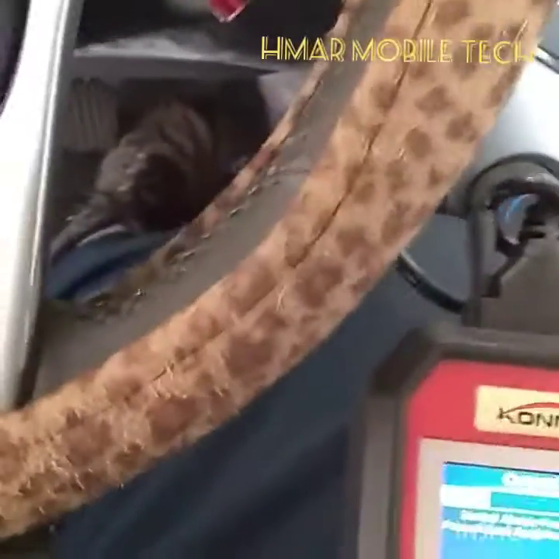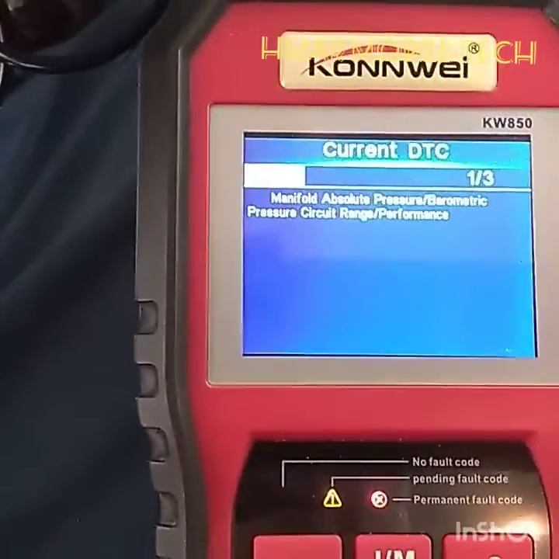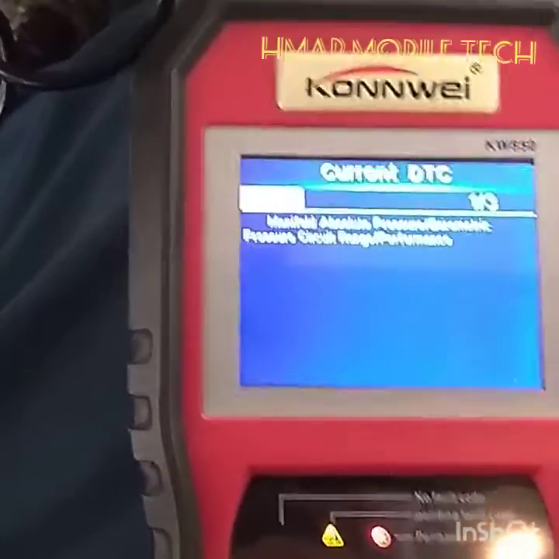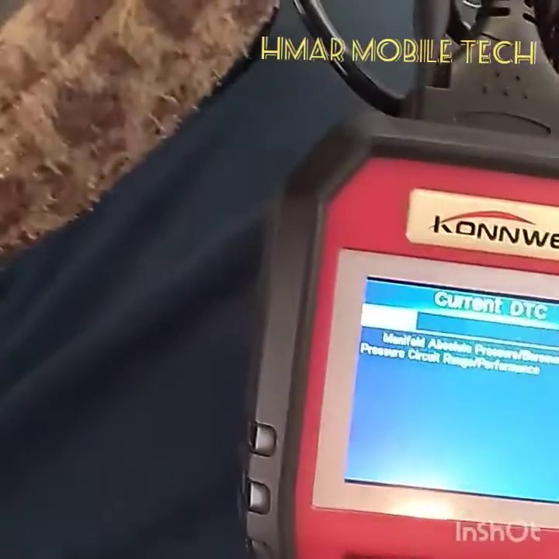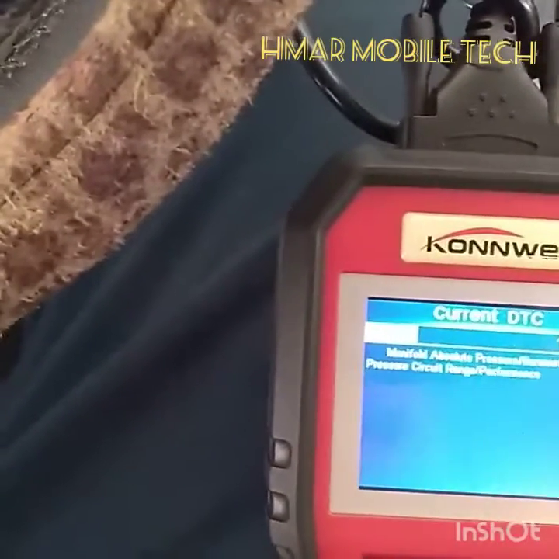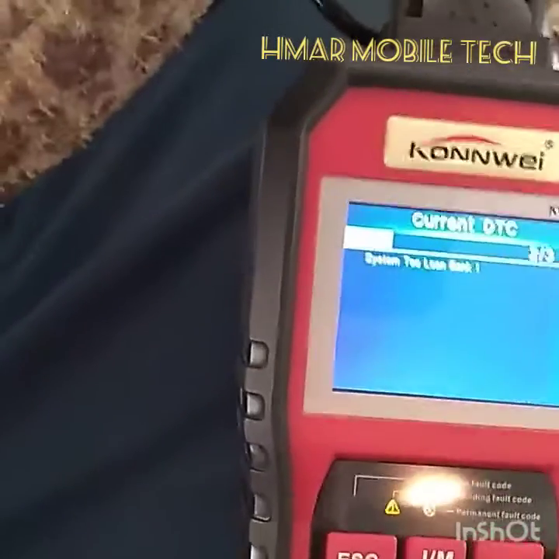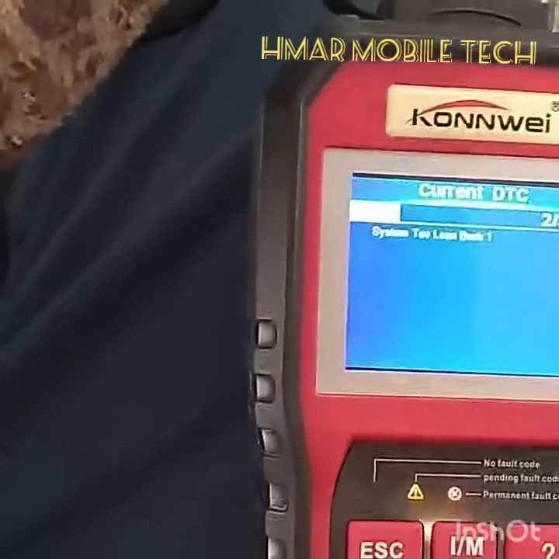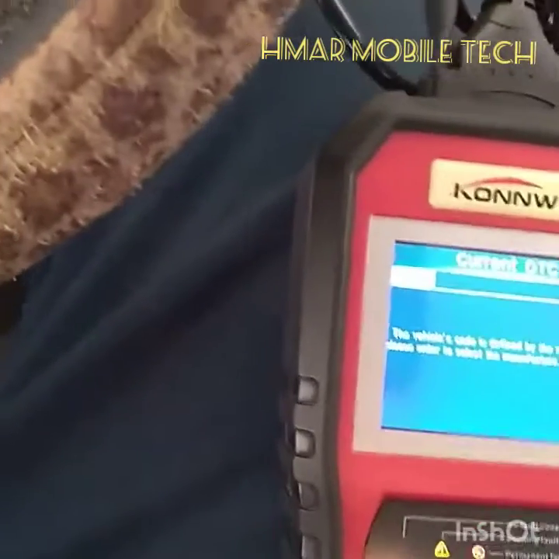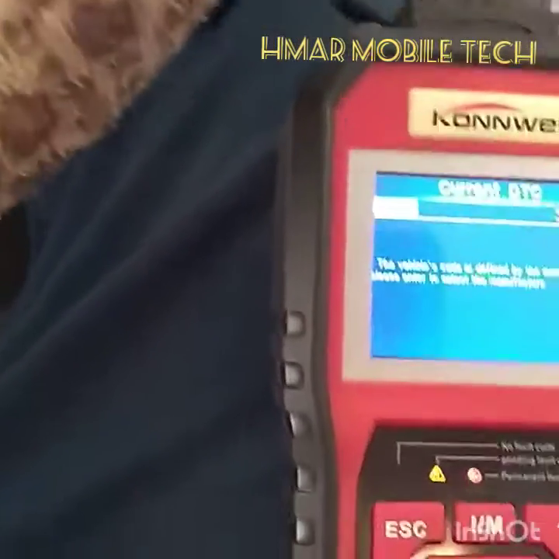So we've got 3 stored in the computer's memory here. We've got a P0176, manifold absolute pressure, barometric pressure circuit range performance, system 2 lean, P0171, and then a P1101, and I can put this in the description.